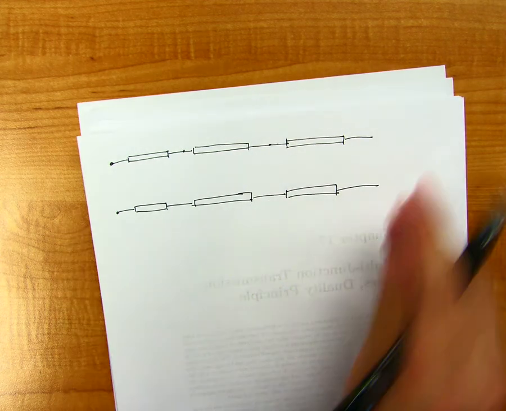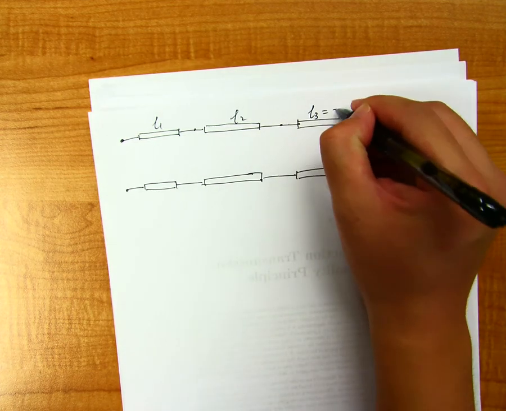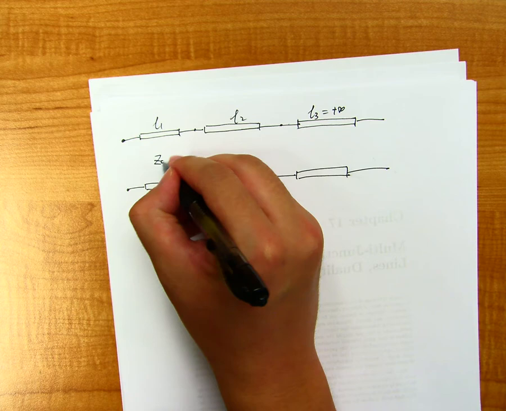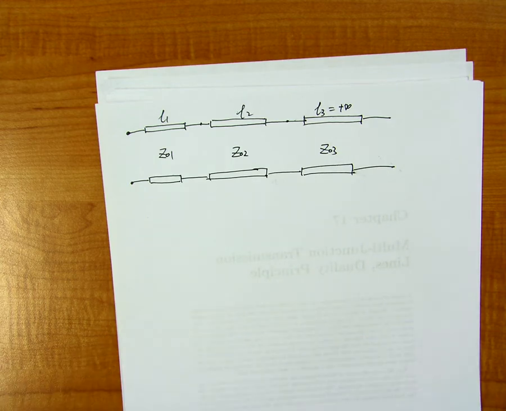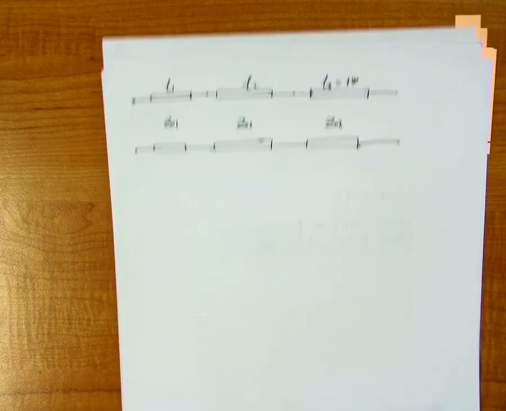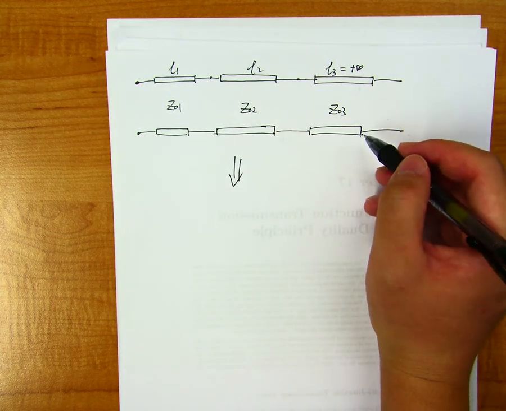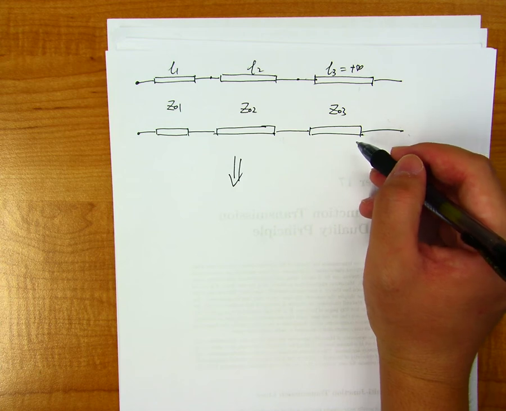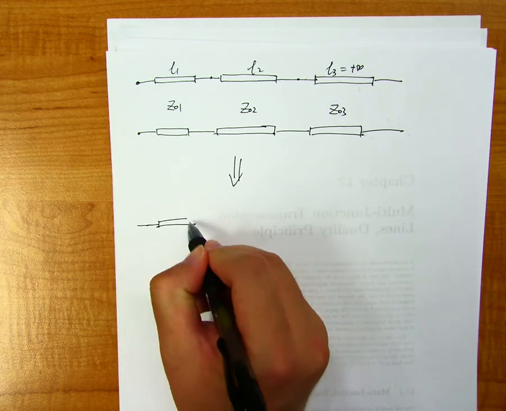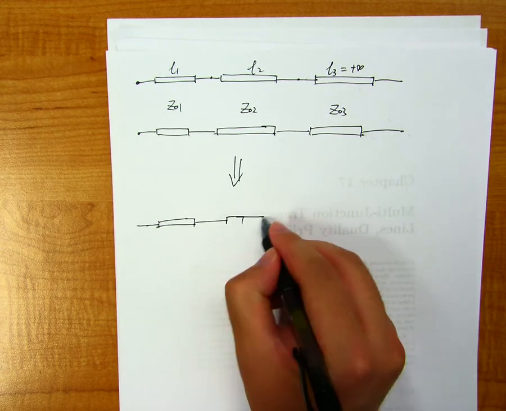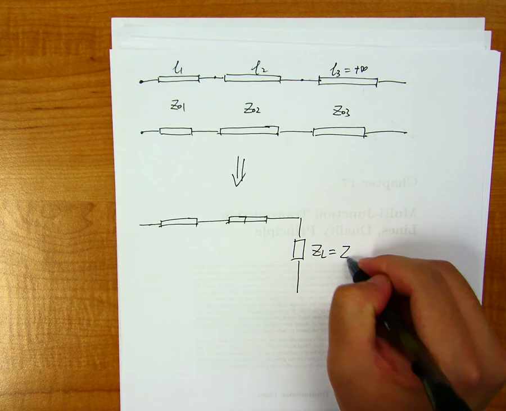Okay, and this is L1, L2, L3 equal to infinity, and this is Z01, Z02, Z03. So the first step we can do is, again, this is an infinitely long transmission line. Its input impedance is just Z03, right? Okay, so this is equivalent to a line where ZL is equal to Z03, right?